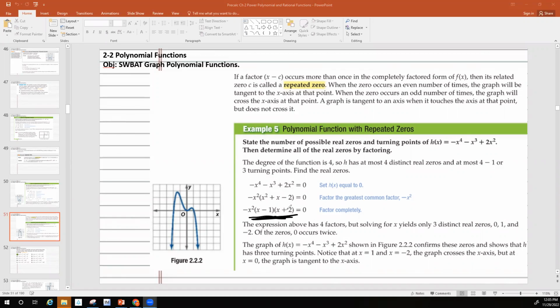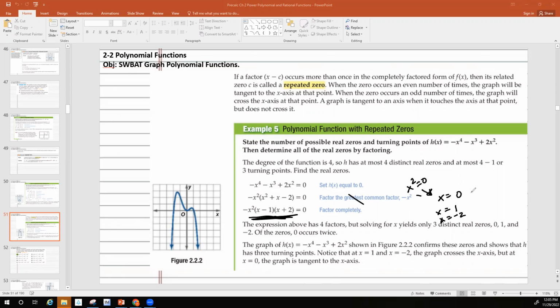But here we have three different zeros, right? We have x equals 0, we have x equals 1, and x equals -2. But notice that this x, the 0, that's how we got the x to the 0, right? x squared equals 0, square root both sides, we get x equals 0.